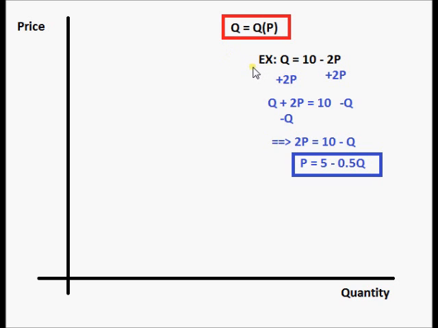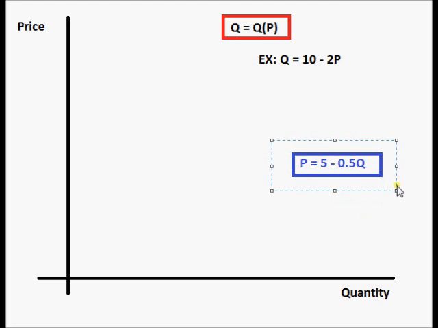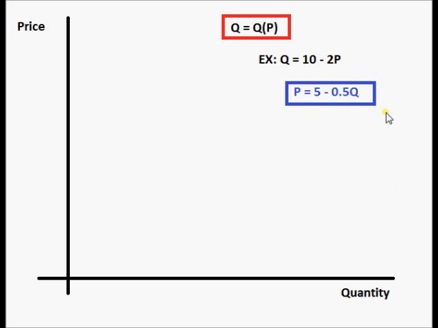I like to call it the graphical demand curve. It's not how we conceptually think of a demand curve, but it is how we think of a demand curve when we want to graph it. The reason is that this is slope-intercept form. Here's our intercept, and here's our slope. If you like y equals mx plus b, P is like y, Q is like x, and we've got this in a slightly different order.